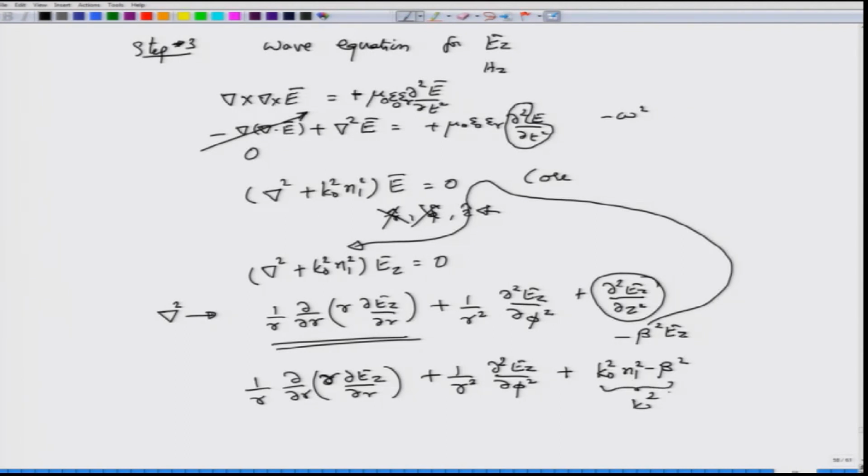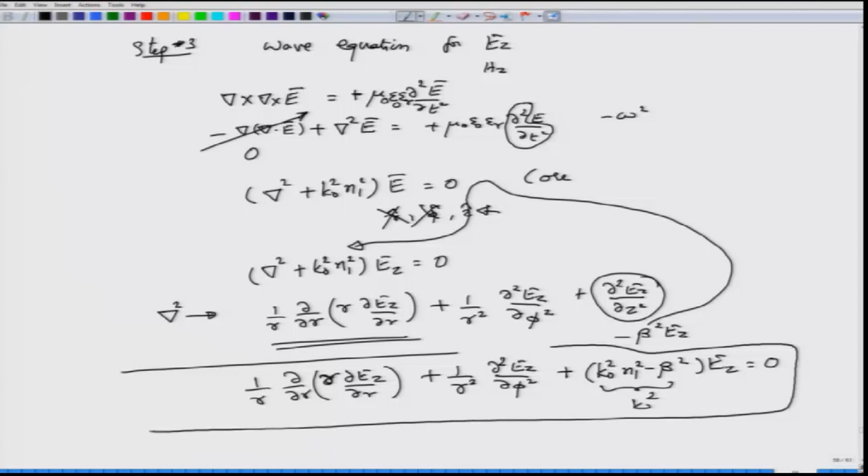So, I will do that substitution later on. But now it is k0 square n1 square minus beta square times Ez, which is equal to 0. This is the wave equation that we need to solve if we want to understand how Ez depends on the coordinates r and phi.